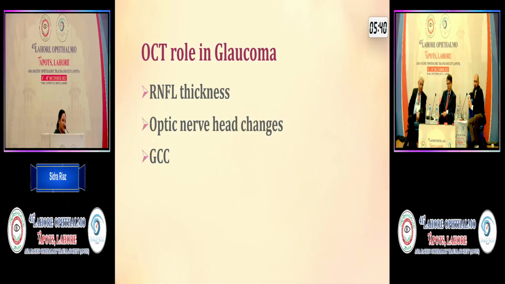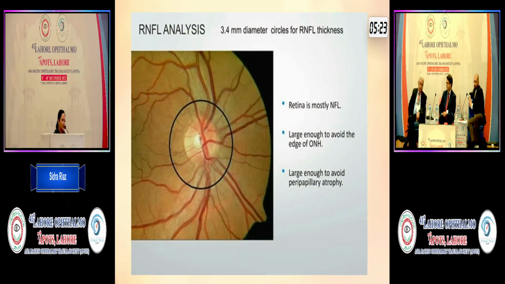The role of OCT is that when you test a patient for glaucoma, there are three things you must see: number one, the optic nerve head changes; number two, retinal nerve fiber layer thickness; and then the ganglion cell complex. For the optic nerve head changes, the estimation of cup disc ratio varies from doctor to doctor, but if you document this with the help of OCT and you have a colored photograph of this disc, it will help us to see any progression.